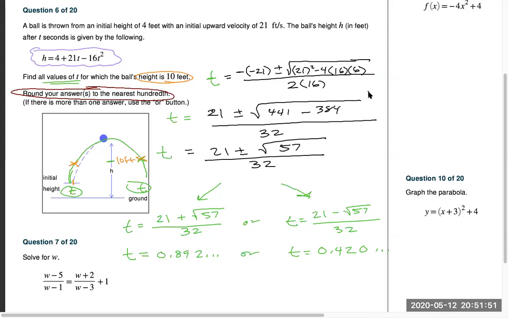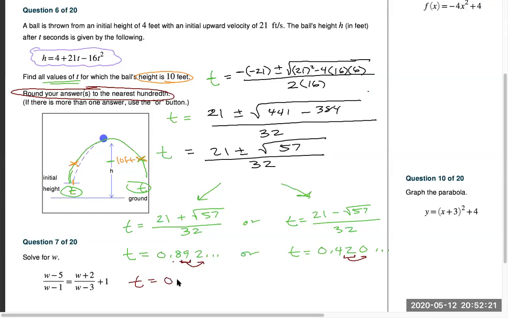Okay, so for the rounding part, you're rounding to the nearest hundredths place, which is right here. So you need to look to the right. If the number is greater than 4, then you're going to round up. If the number is less than 4, stay.